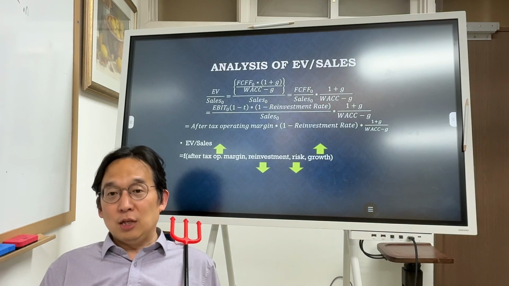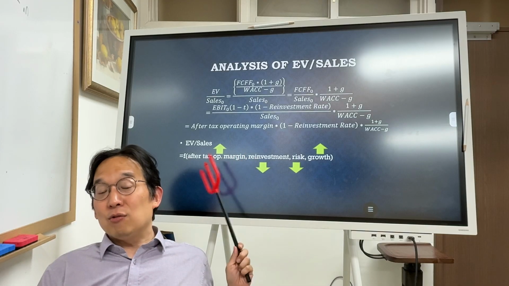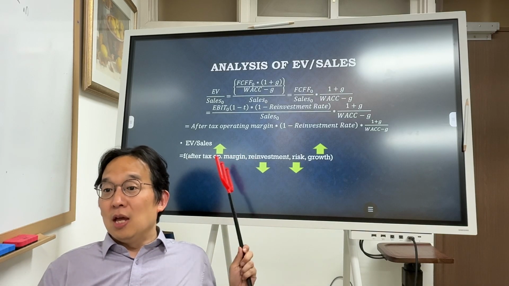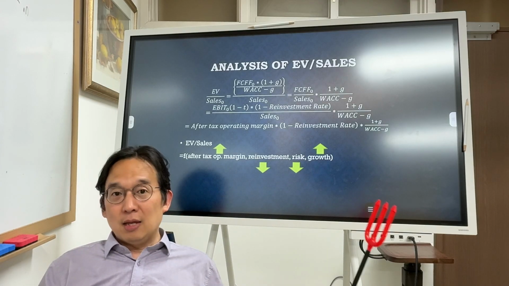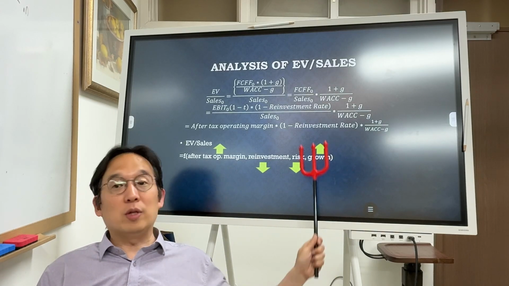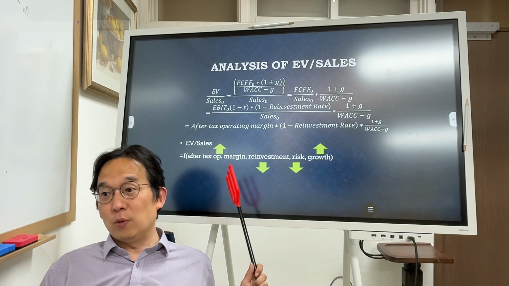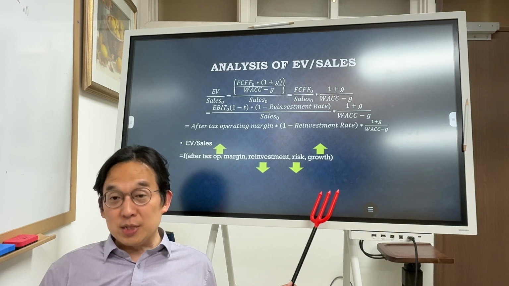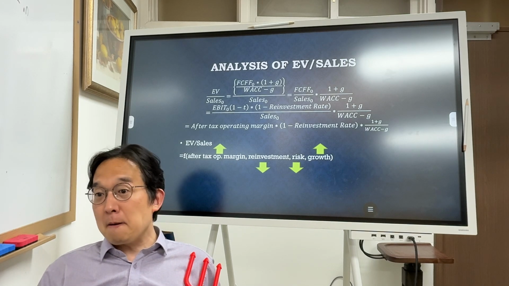Now, what intuition can we extract out of this relation? EV to sales is positively associated with after-tax operating margin, and then positively associated with growth rate, and negatively associated with reinvestment rate, and negatively associated with risk, okay? Makes sense, right?